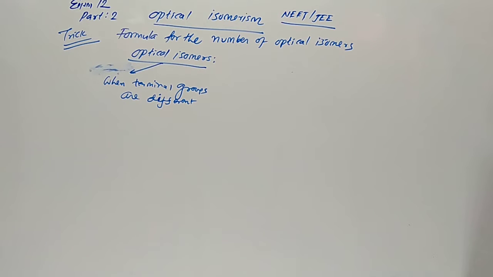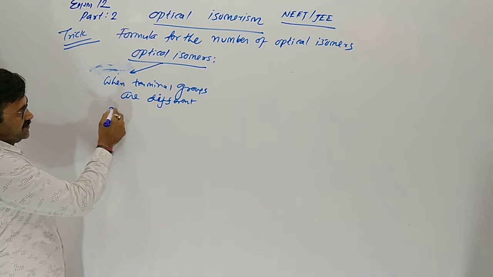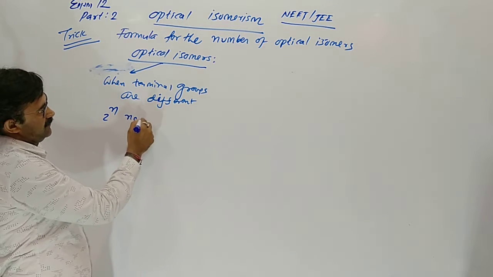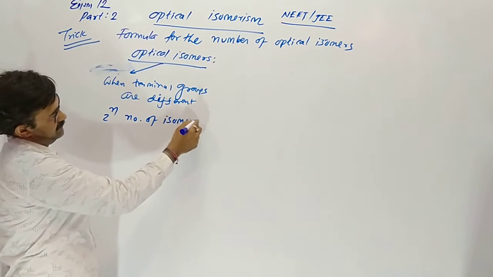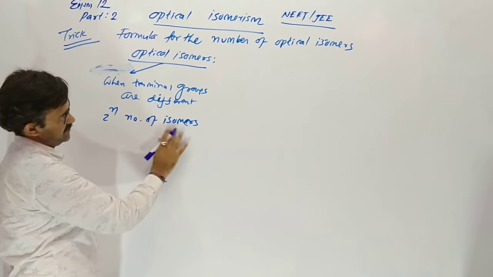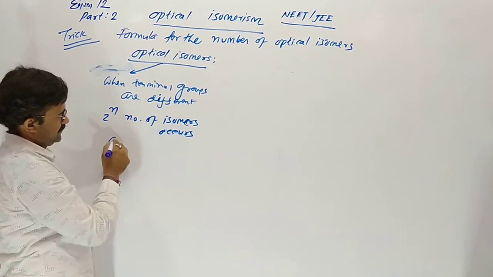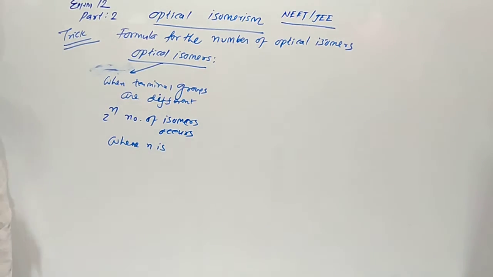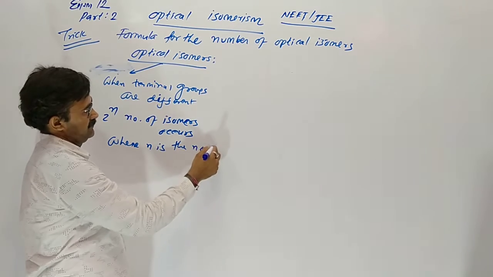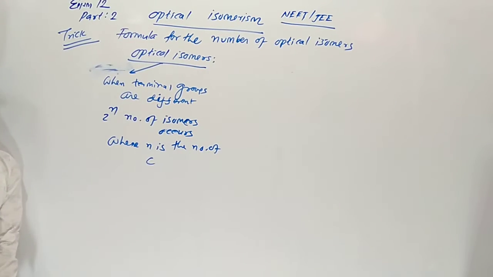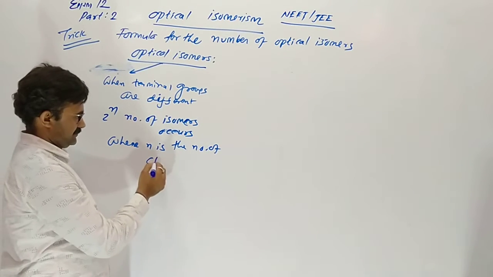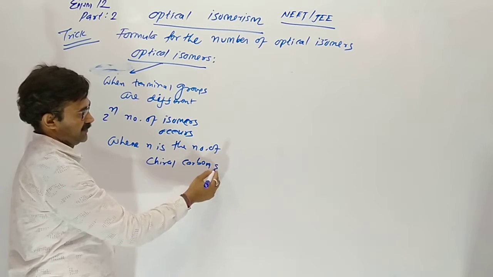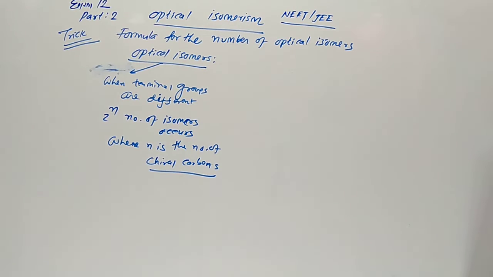2 raised to n number of isomers occurs, where n is the number of asymmetric, meaning chiral carbons, not total carbons, but chiral carbons.